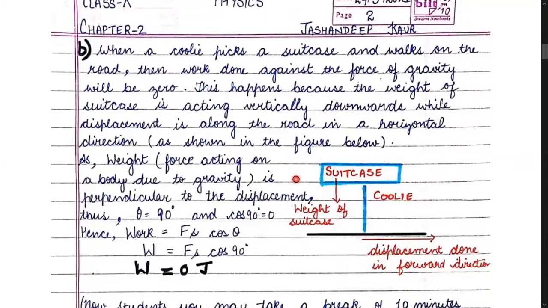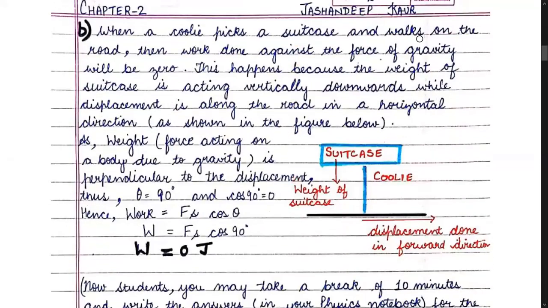So children, there is one more example I want to share with you all. When a coolie picks a suitcase and walks on the road, then work done against the force of gravity will be 0. Which work done is 0?